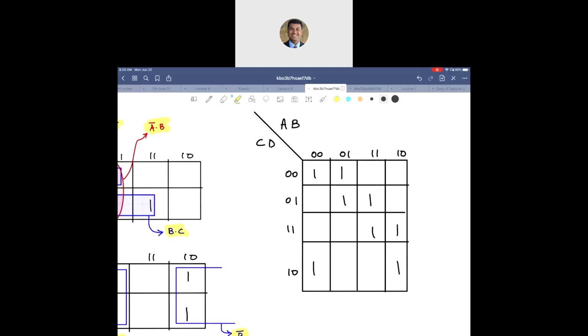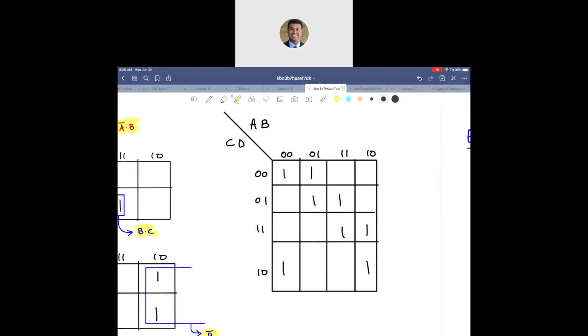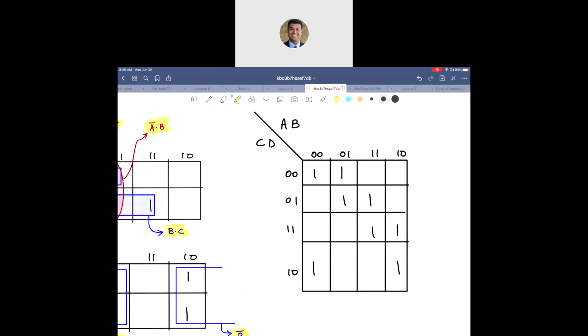Let's talk about this. Any ideas about how to start thinking about what would be the simplest sum of product expression if you had this four variable K map that you see over here? What are some things you could do?